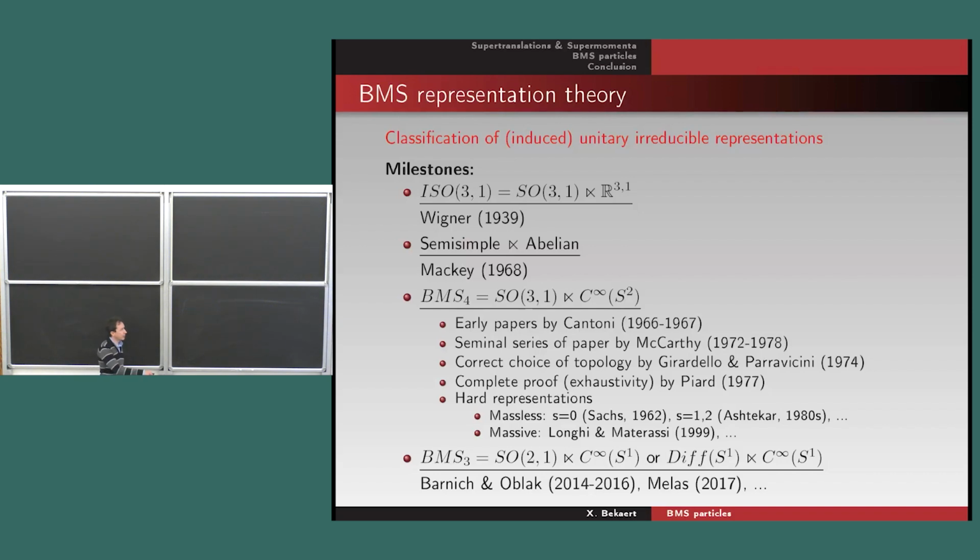In fact, there was an important paper by Girardello and Parravicini that clarified the correct choice of topology. I will not enter into details, but at least it's important. And then there was also a proof of exhaustivity, at least for the Hilbert topology, maybe not for the correct topology, by Piard.